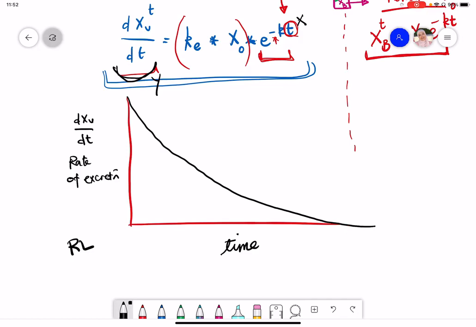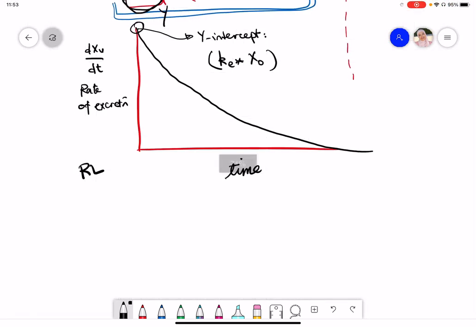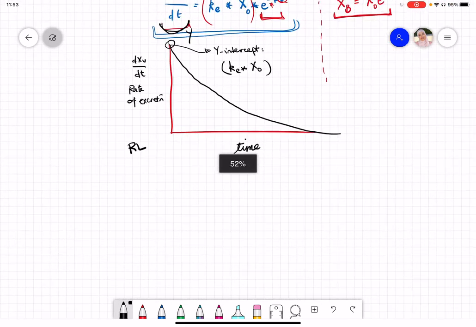The difference is your y-intercept is multiplied by X0. Can we have it under semilog, or on a semilog profile?